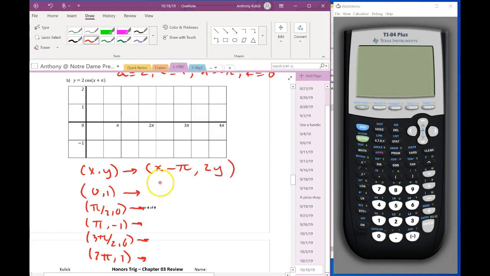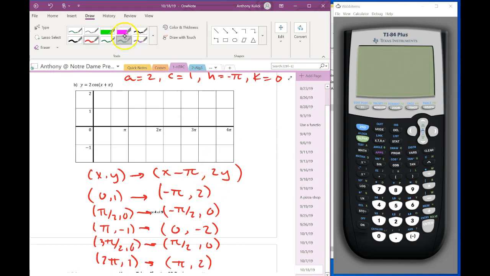So, applying my transformation, then I have negative pi, comma 2. I have negative pi over 2, comma 0. I'm going to have 0, comma negative 2. I'm going to have pi over 2, comma 0. And I'm going to have pi, comma 2.